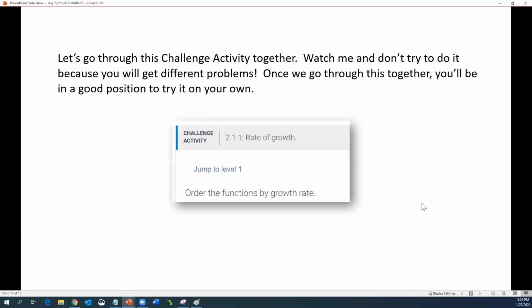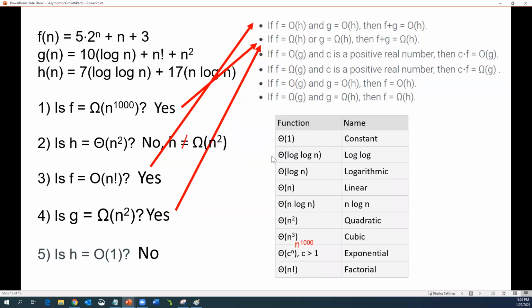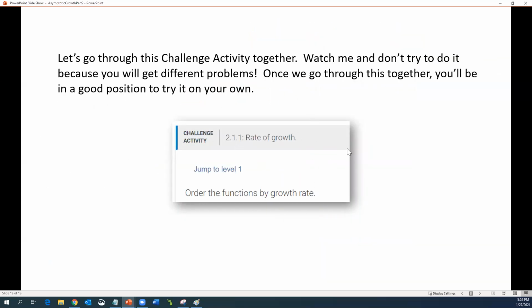Then I was going to have us do this challenge activity together where you rate the functions, but again, we didn't really have time. So hopefully after you look at this, you can go to that. But basically think about it this way, guys. The growth rate is always going to be determined by the quickest growing term. So if we've got an n factorial term in there, that's going to be the fastest growing one, even though we also have a +3.